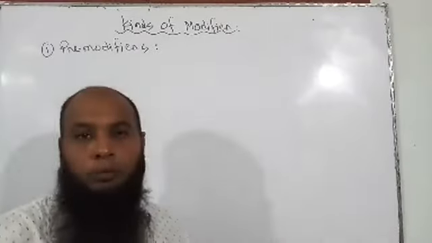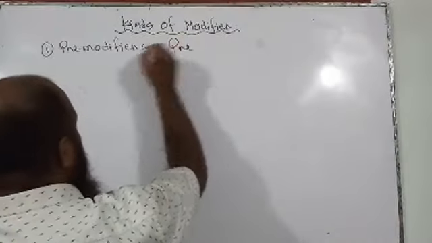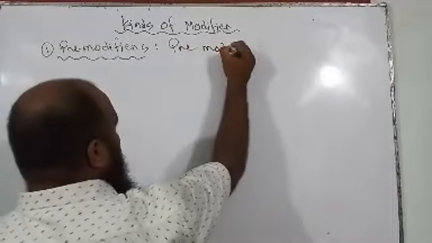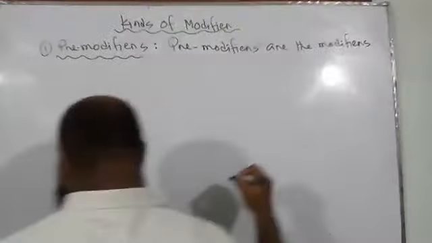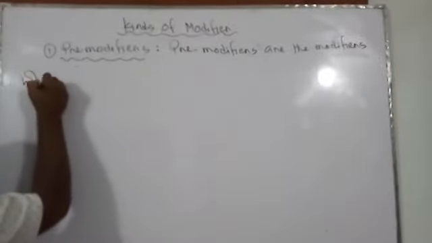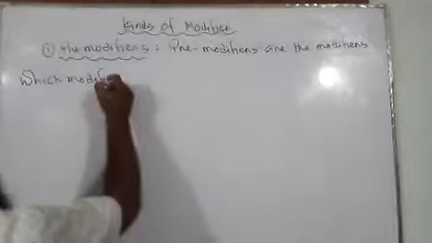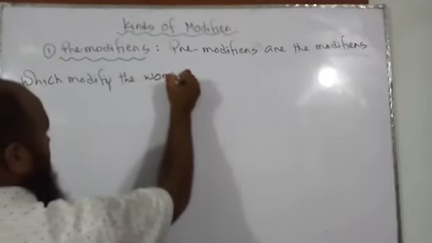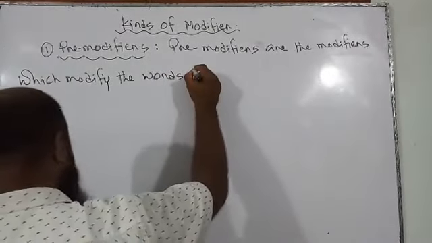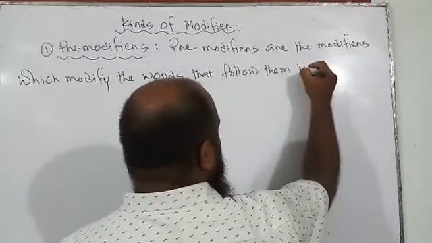So, first of all, comes the definition of pre-modifiers. Now write, pre-modifiers are the modifiers which modify the words that follow them in a sentence.